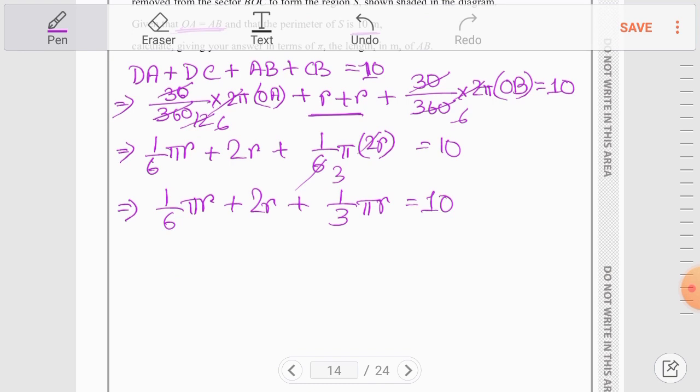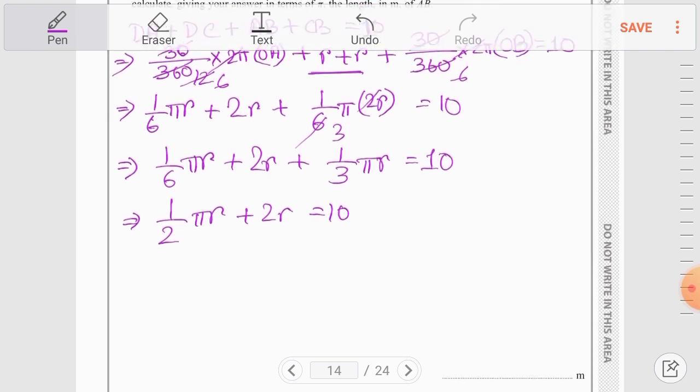If you add 1 by 6 and 1 by 3, you get 1 by 2 pi r plus 2r is equal to 10. We can take the LCM for this half and 2. We would get 2 at the denominator, and the numerator would be pi r plus 4r is equal to 10.